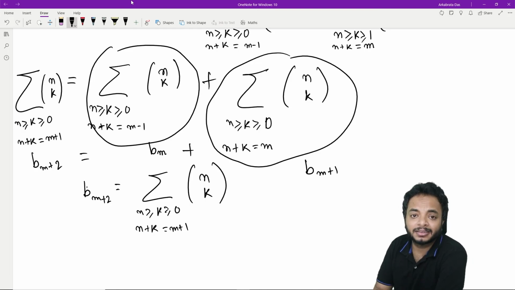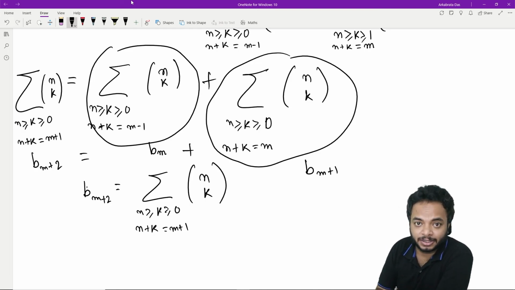And thus you see that this summation satisfies the Fibonacci relation, and thus we are done.